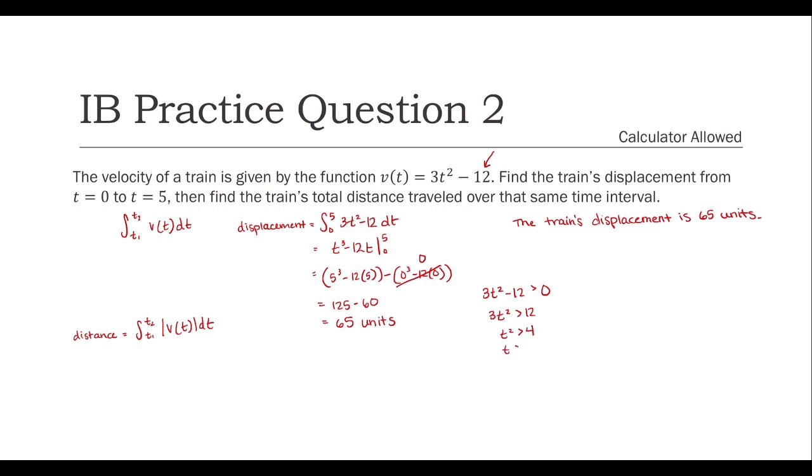So t can be greater than 2, or t can be less than negative 2 for it to be positive. So in between those values, it's negative. So our function would look something like this, where we have negative 2 and 2, and between those values, our function is negative.